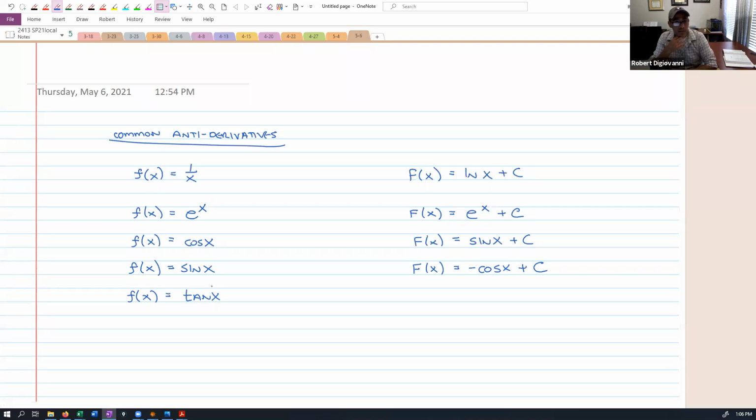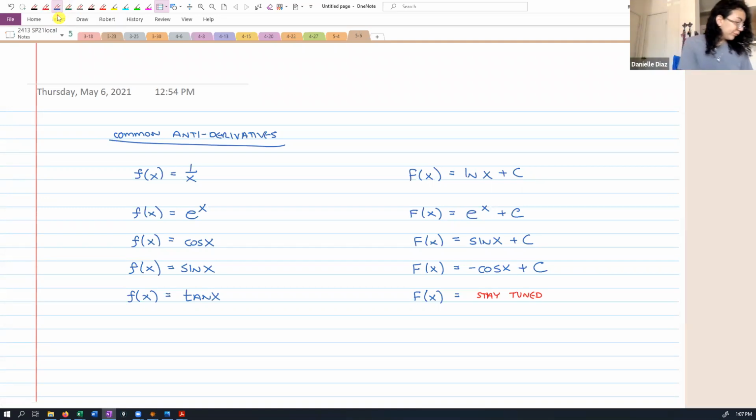There was nothing in Cal 1 that we learned where when you take the derivative of it, you get just tangent. We know the derivative of tangent is secant squared, but we don't know what the antiderivative of tangent is. So this one, stay tuned. You'll learn that in Cal 2. Not here.